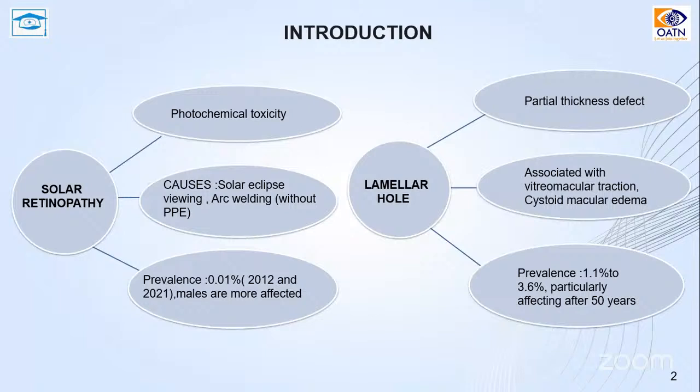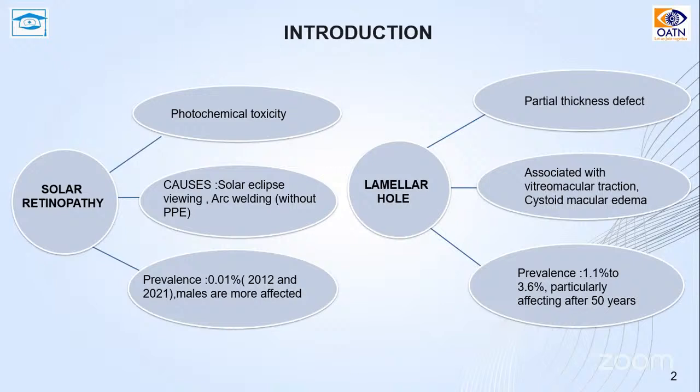The primary cause is exposure to intense light conditions like solar eclipse viewing, and people in occupations like arc welding without personal protective equipment are prone to it. The worldwide prevalence rate of solar retinopathy is 0.01%, according to a survey taken between 2012 and 2021.